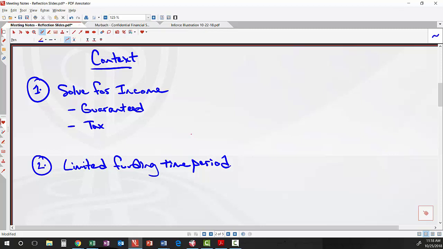We're putting money into something. We want to limit that window of time, and during the course of that funding time period, we want to be very judicious or very wise about where we're contributing that capital. Okay, so solving for income, limiting our time period. Those are probably the two big ones.